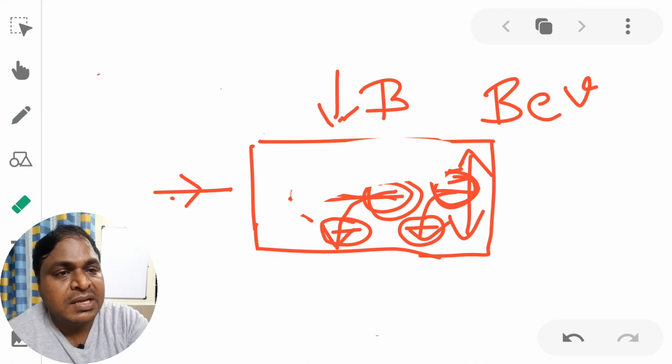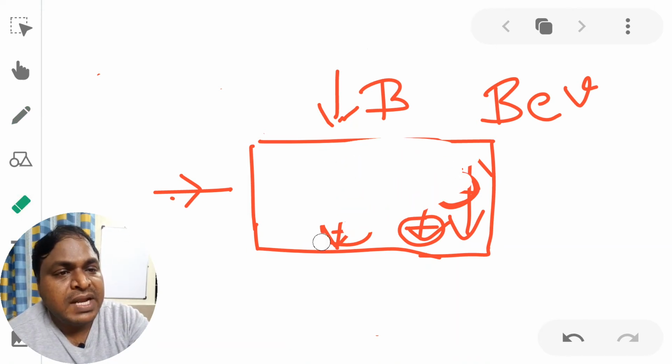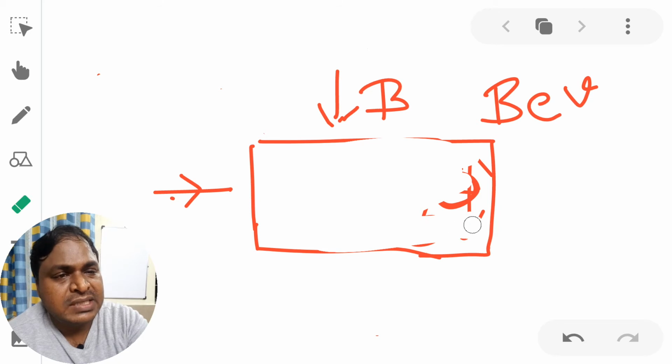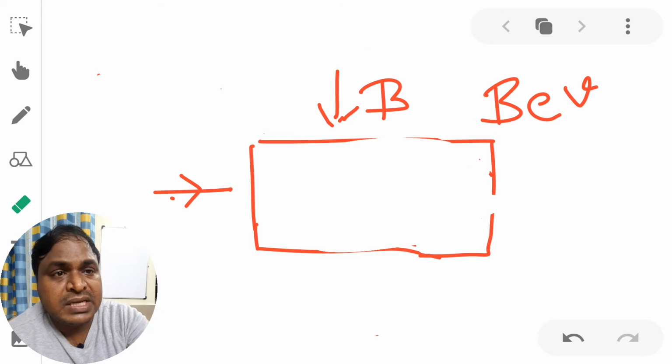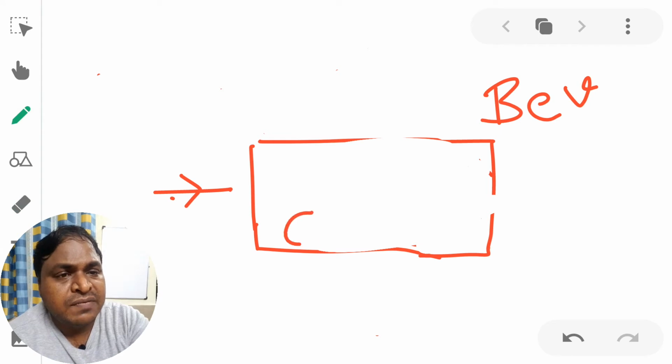Let me make it clear. When electrons are moving in a straight direction, that is minus X direction, and you have a magnetic field given, let's say in Z direction, right? So what will happen is the electrons will settle down.